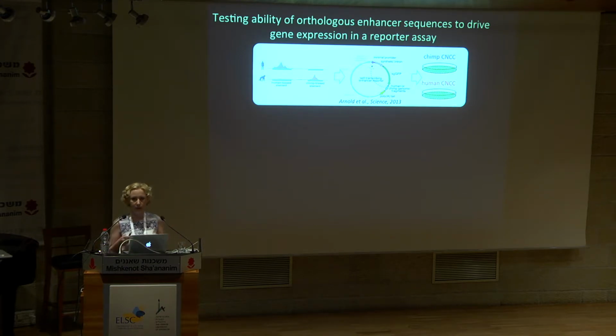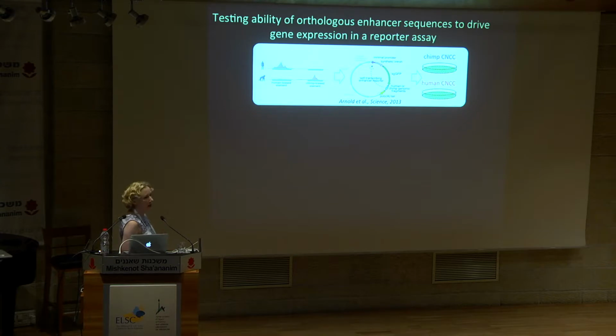STARR-seq has been described by Alexander Stark's lab a few years back in Drosophila, and this is essentially a strategy which allows for testing of enhancer activity in the context of the reporter, and relies on the fact that enhancers can activate their own expression at a distance and then serve in the context of the reporter as their own barcode.